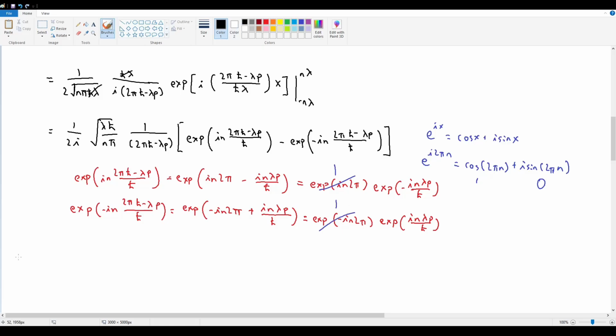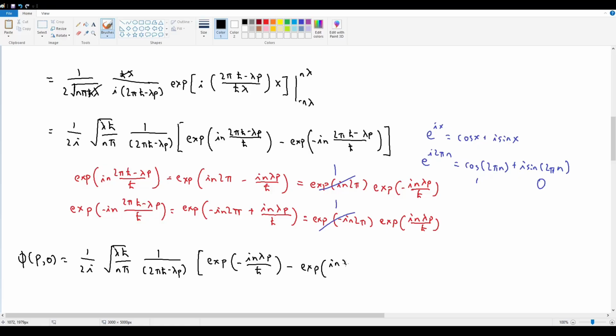So what I'm left with now is phi of p comma 0 is equal to all the stuff I have at the front, and then multiplied by exp of negative i n lambda p over h bar minus exp positive i n lambda p over h bar. Is that correct? e to the negative i n p and then e to the positive i n p.